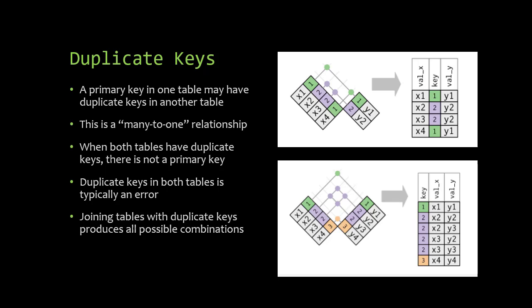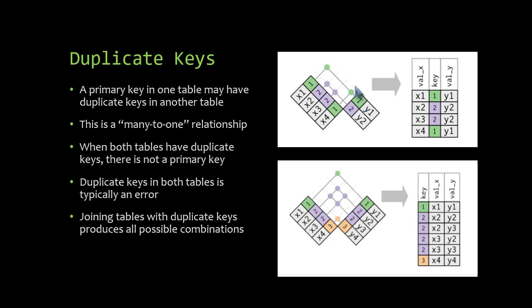So when both tables have duplicate keys, there's not a primary key. Duplicate keys in both tables is typically an error, and joining tables with duplicate keys produces all possible combinations. If we look at these illustrations up at the top right, we see that the primary key here has duplicate keys, x1 and x4.